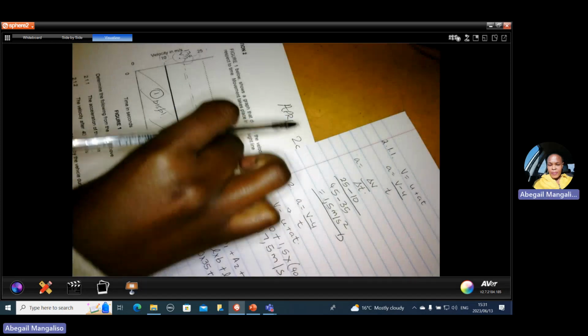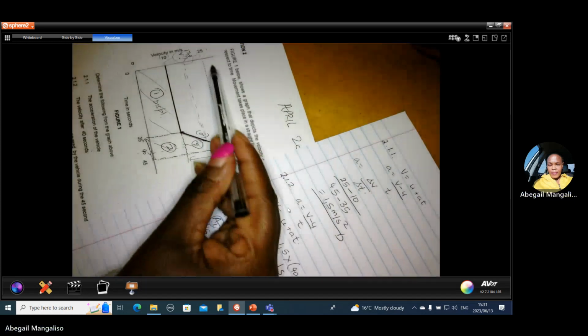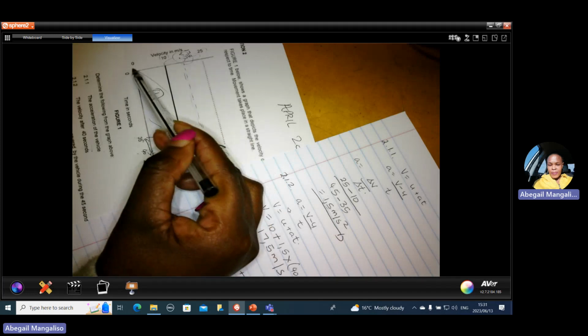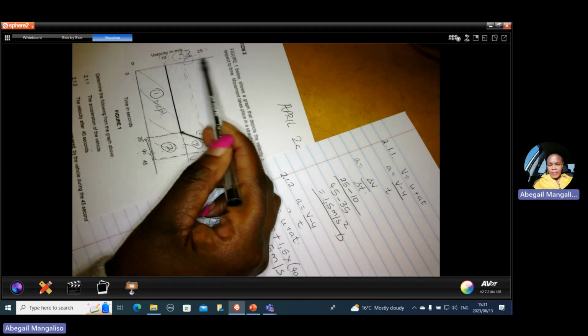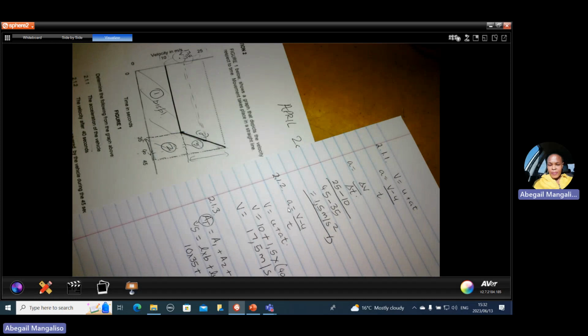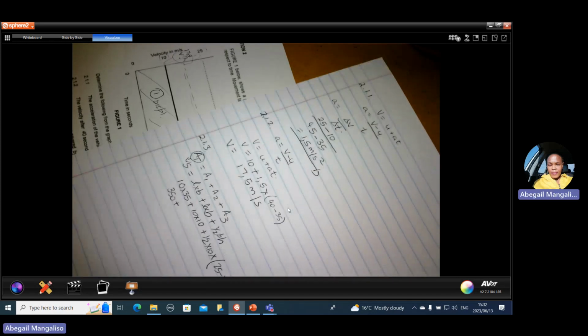That is the height of the triangle from here to here is 25. From here to here is 10. So it will be 25 minus 10 and to get this distance, use your calculator. 10 times 35 will be 350. 10 times 10 will be equal to 100.